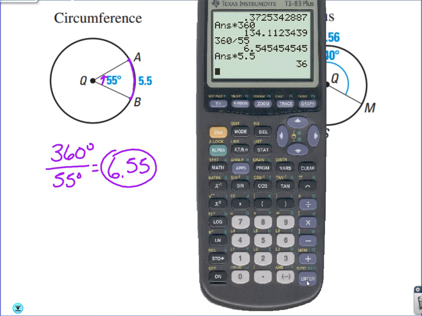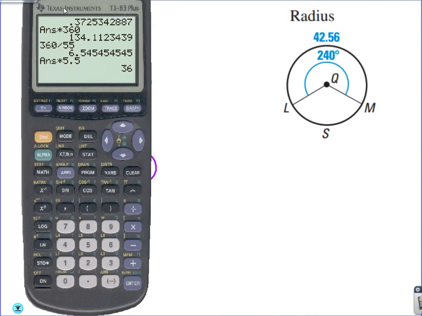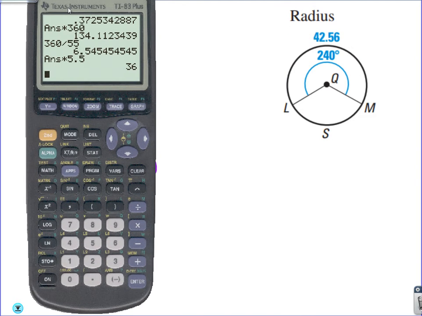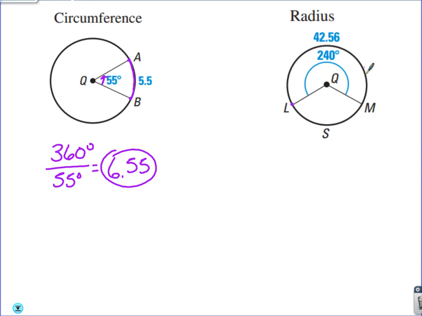Okay. And the second one, like I said, these are tough. These second ones here, they're not easy. I want to know the radius. Well, actually, this one's backwards, isn't it? I want to know the radius of this circle. We're given an arc length of 42.56 from here around to here.